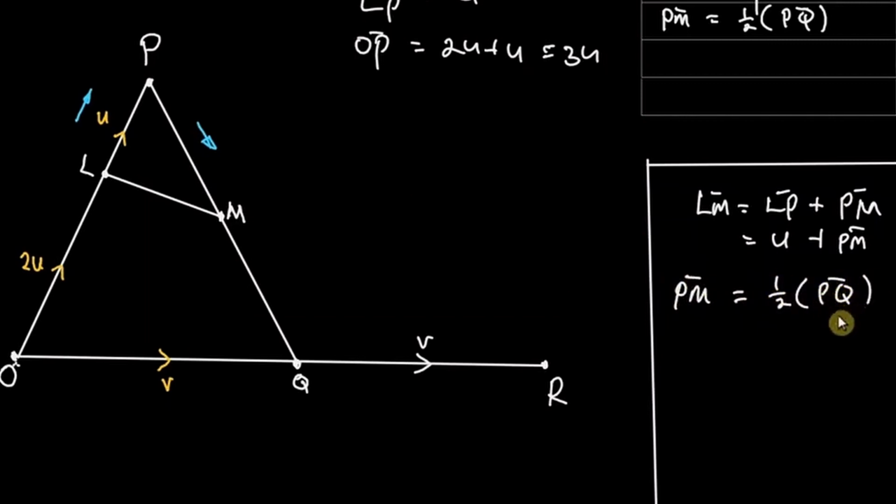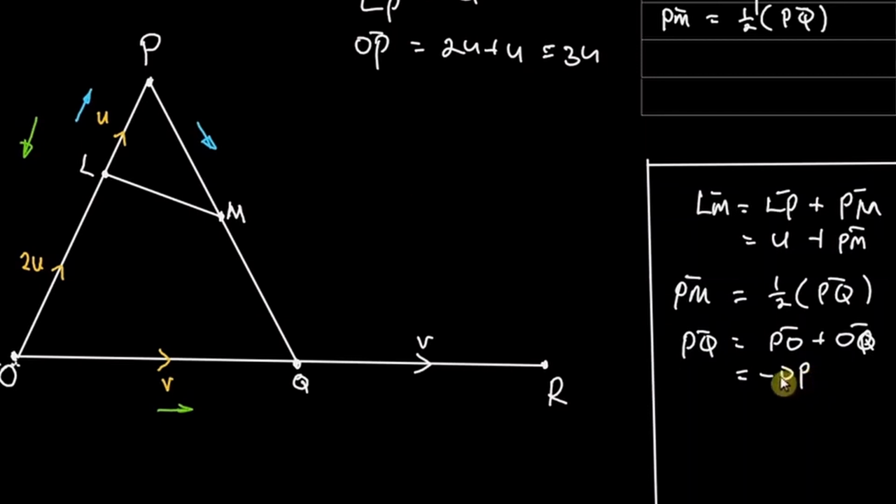We know it to be equal to a half the vector P to Q. So we now need to find the vector PQ. We should note that the vector PQ is a vector going from P to O and then from O to Q. So it's going in this direction from P to O and then from O to Q in this direction. So let's write P to Q is the vector going from P to O plus the vector going from O to Q. Now we note that the vector P to O is the inverse of the vector O to P, and we found it earlier, O to P is equal to 3u.